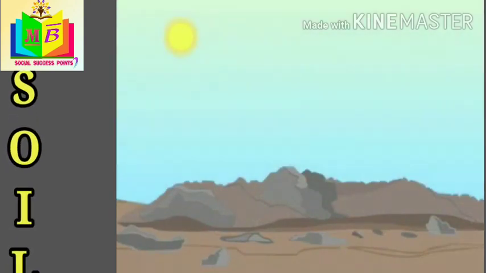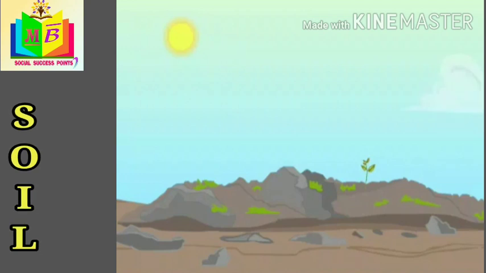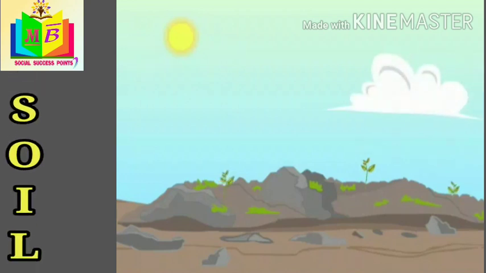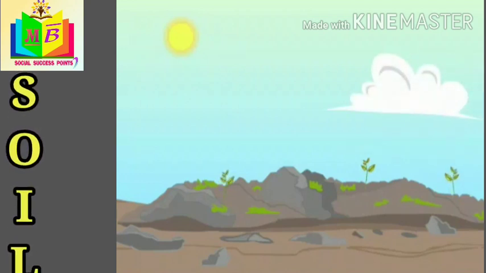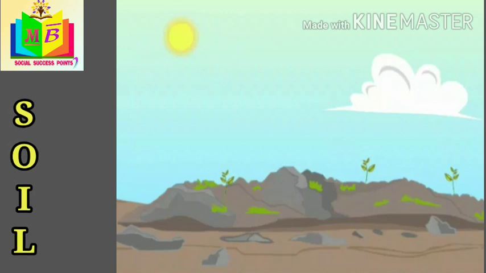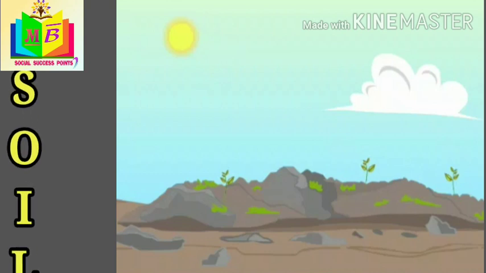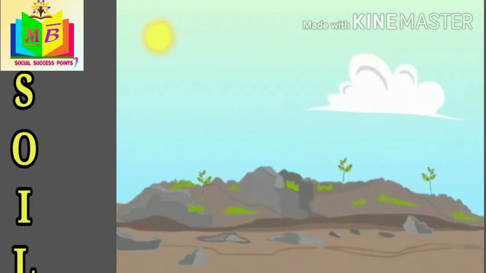Sometimes the roots of a tree enter the crevices, and as they grow and require more space for themselves, this results in the breaking up of rocks. The roots of some plants produce acid that helps in breaking the rocks. The continuous movement of water from streams, waterfalls, and rivers also breaks large rocks into smaller pieces. Thus, soil formation is a slow and continuous process.